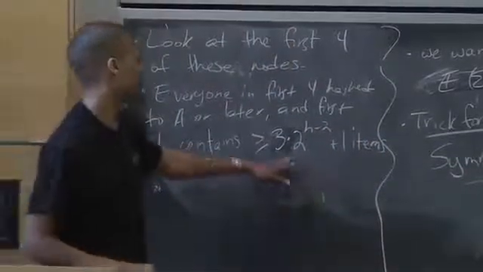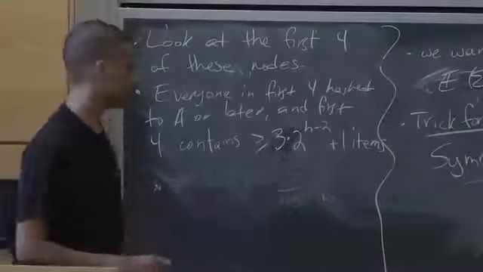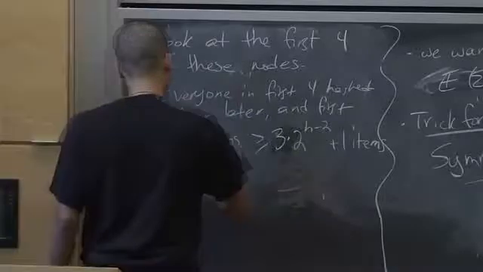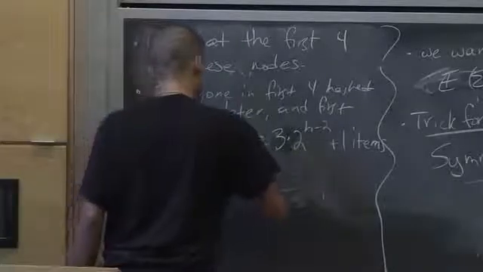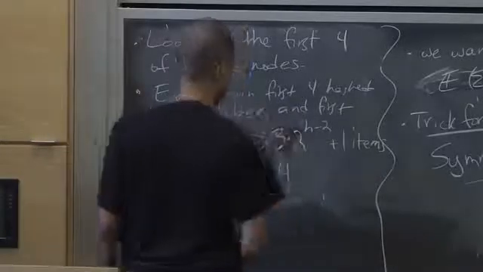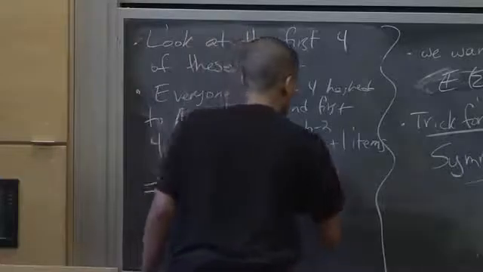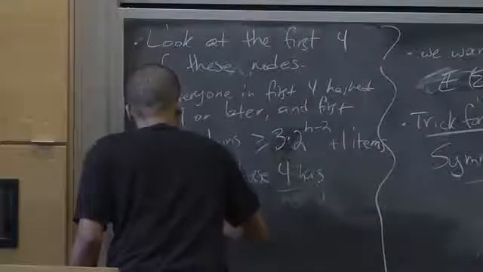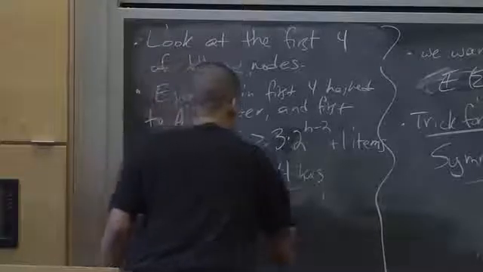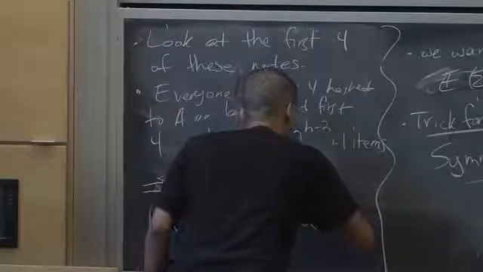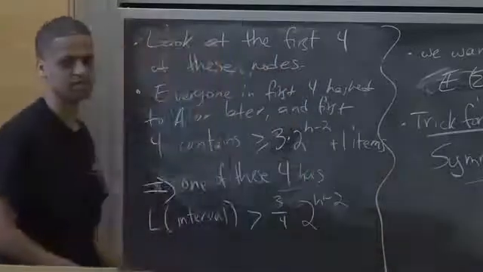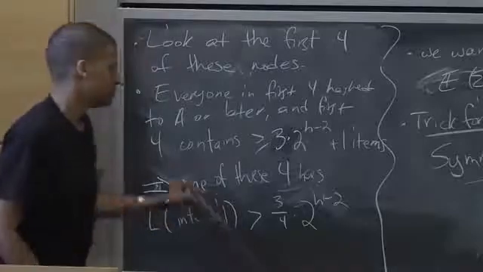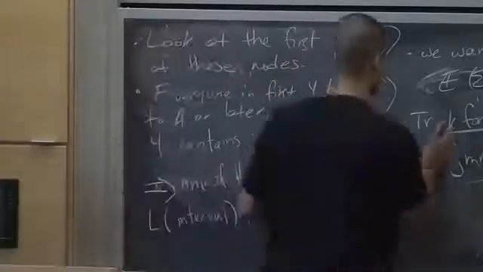This is the number of items that hashed somewhere in the first 4, which implies that one of these 4 has L of that interval bigger than 3/4 times 2 to the h minus 2. Namely, it's dangerous. Okay.